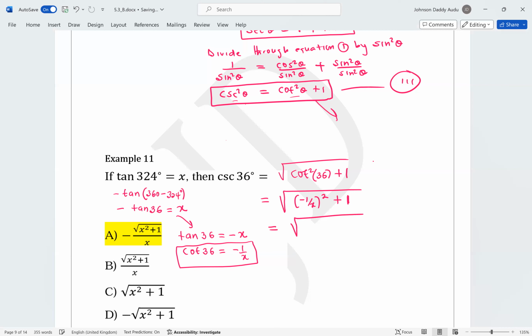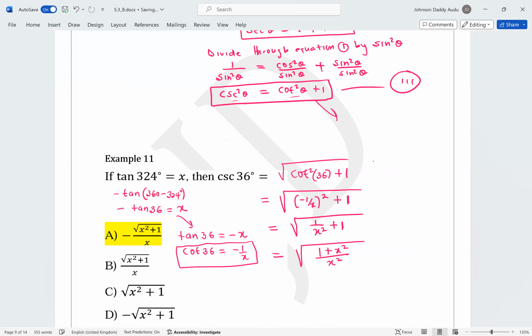This will be 1 over x squared plus 1, right? So here, we can rewrite this to be 1 plus x squared all over x squared, yes?